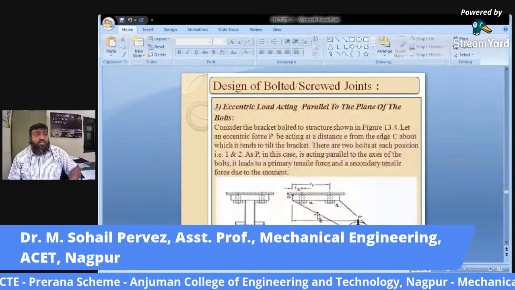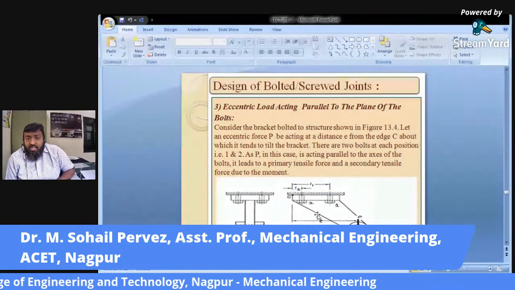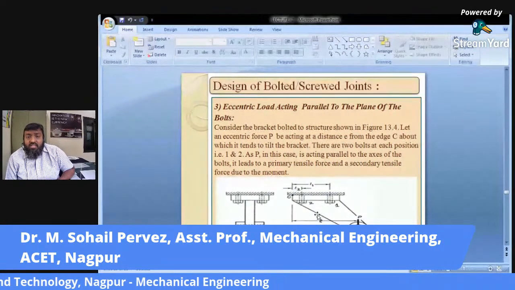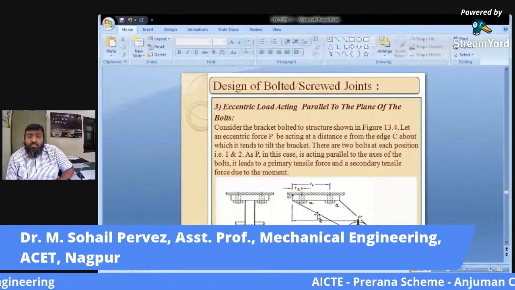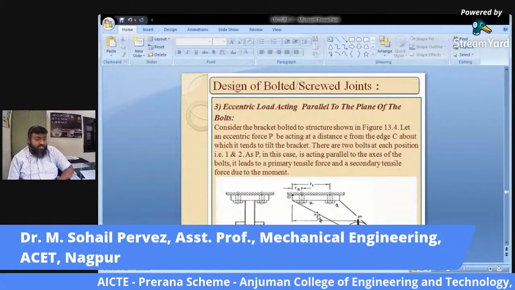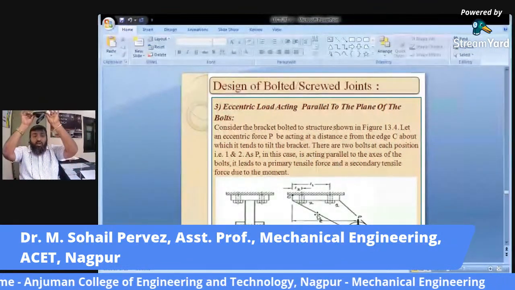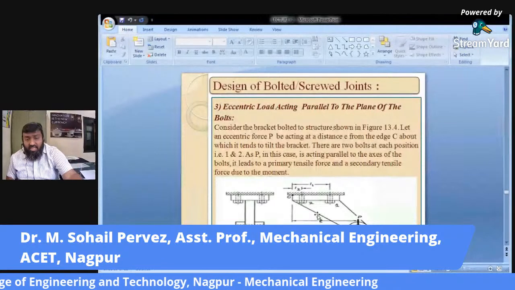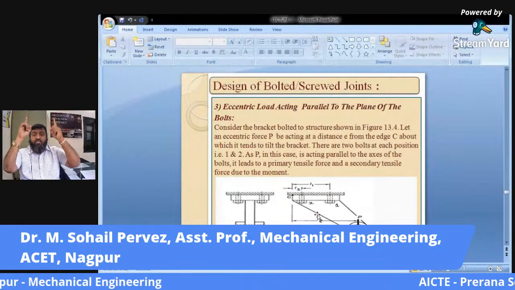Now we have come to the last part of this screwed or bolted design in eccentric loading, and that is eccentric load acting parallel to the plane of the bolts. Just take the example wherein a bracket is fixed on the ceiling, and bolts are there in this fashion.